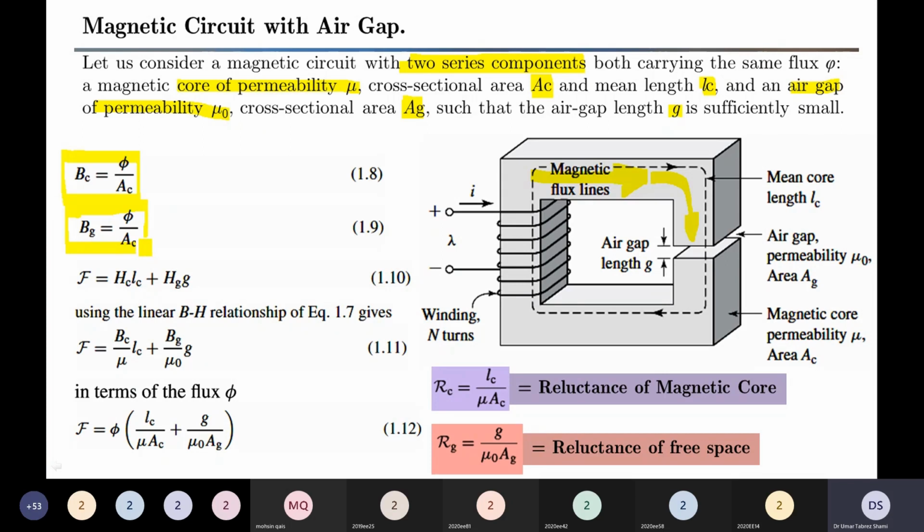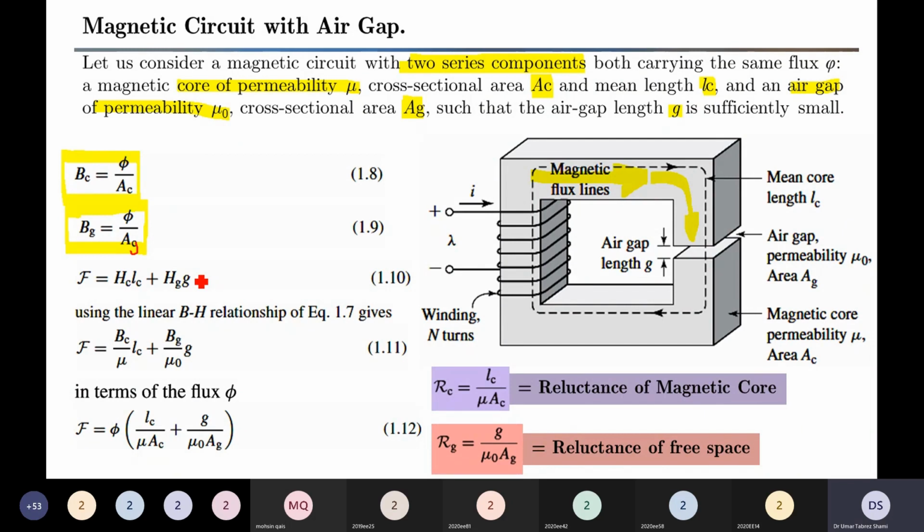It should be AG. So students, please note a correction in equation 1.9. The flux density of the air gap is phi over AG, not AC. AC is the area of the core. AG is the area of the air gap. We are using air in equation 1.9, so we want to use the area of the air gap, AG.